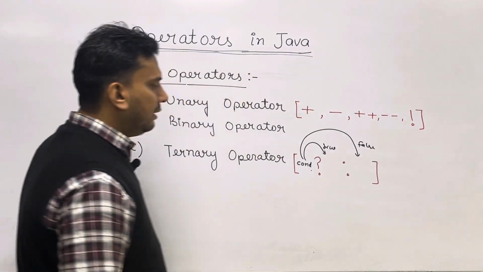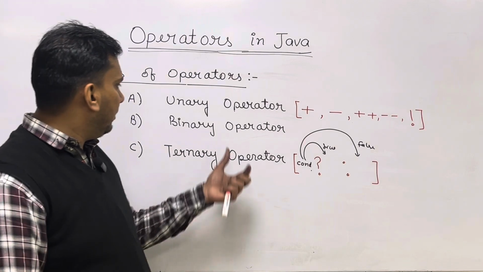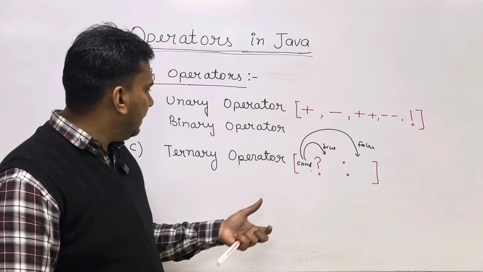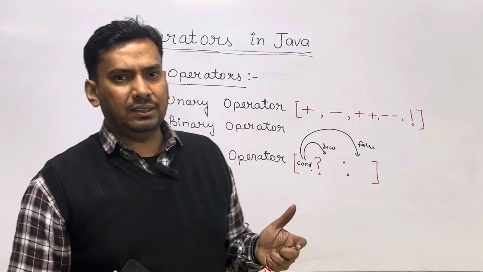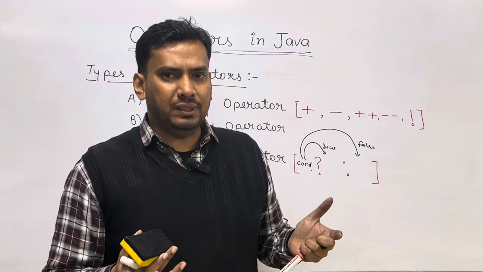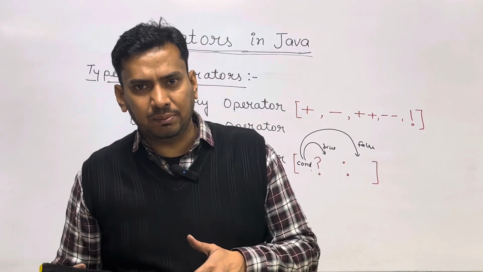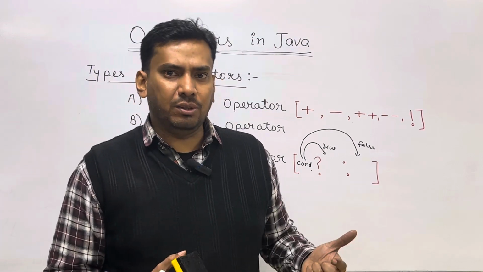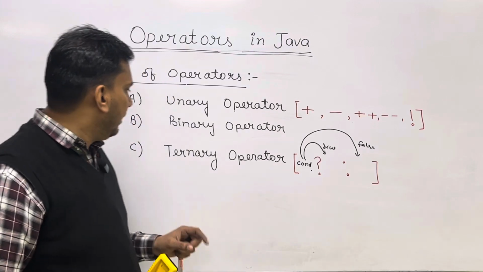So this is the ternary operator in Java. These are the 3 categories. In the case of the binary operator, we have further classification based on behavior: relational operators, arithmetic operators, and logical operators.